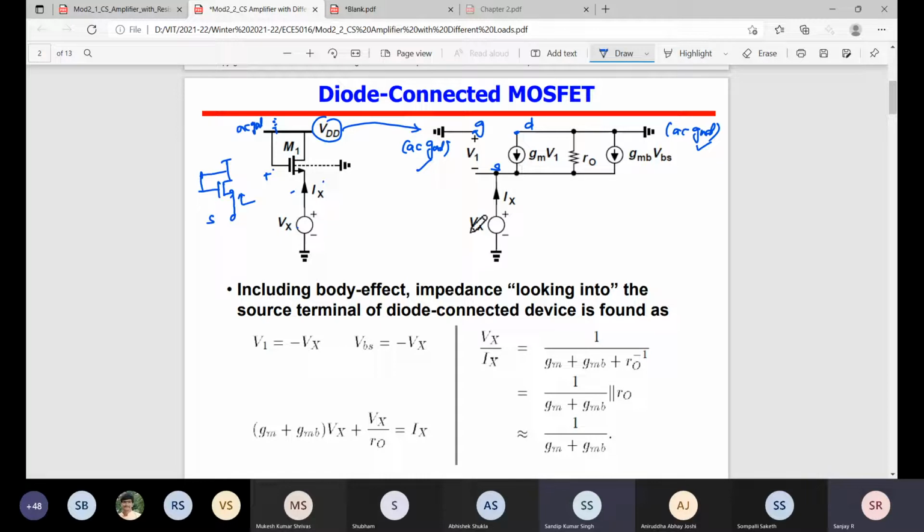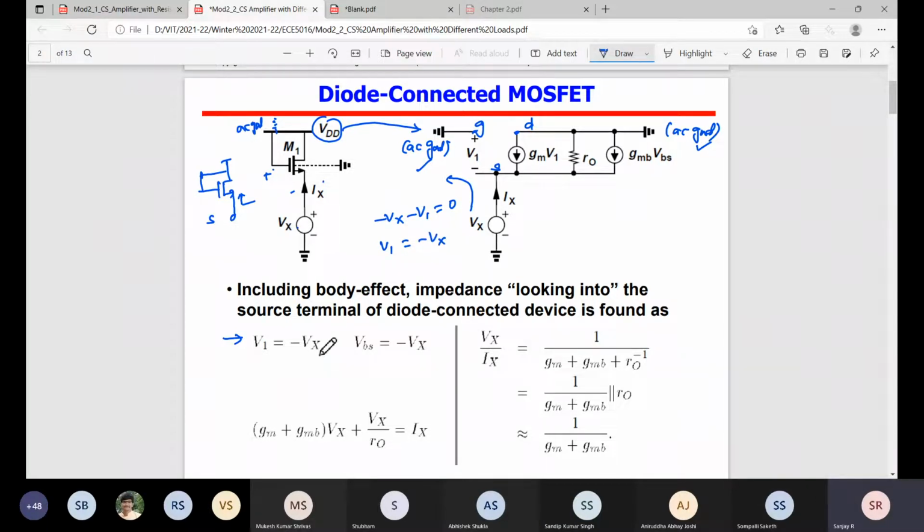So first start from here. We can apply KVL here. So minus Vx minus V1 equal to 0. From this I can write Vx equal to minus V1, or simply V1 equal to minus Vx.